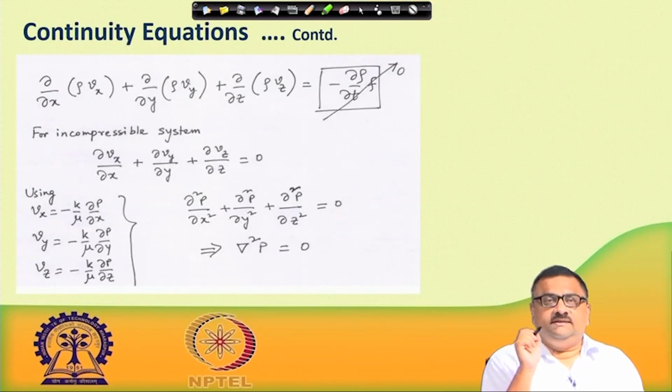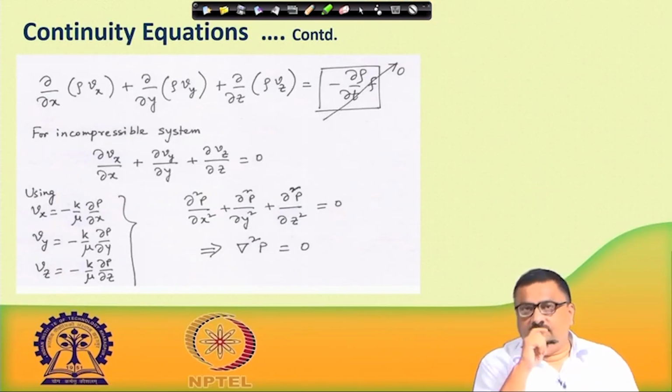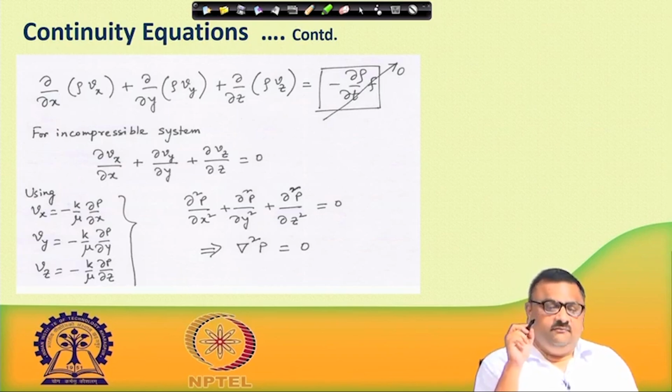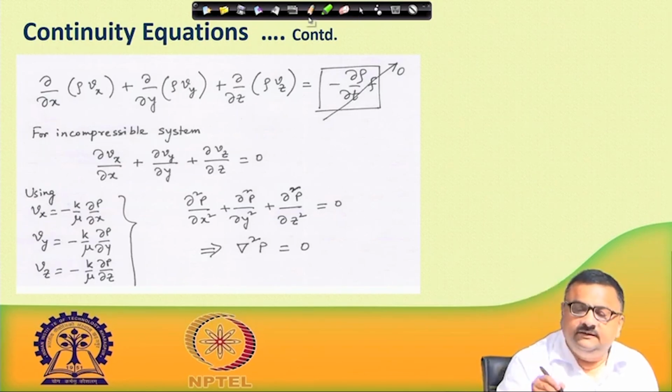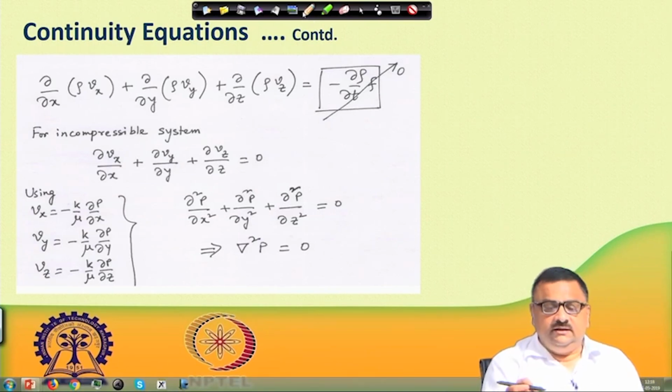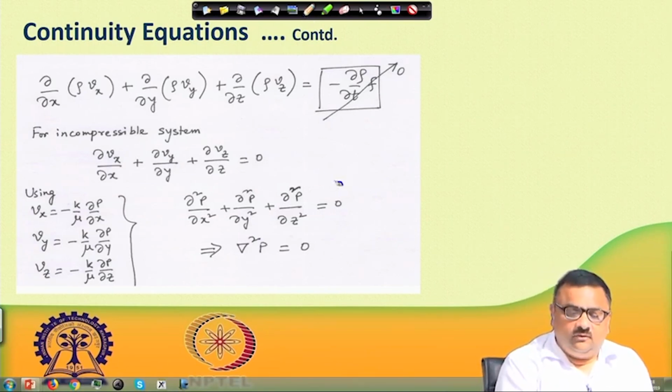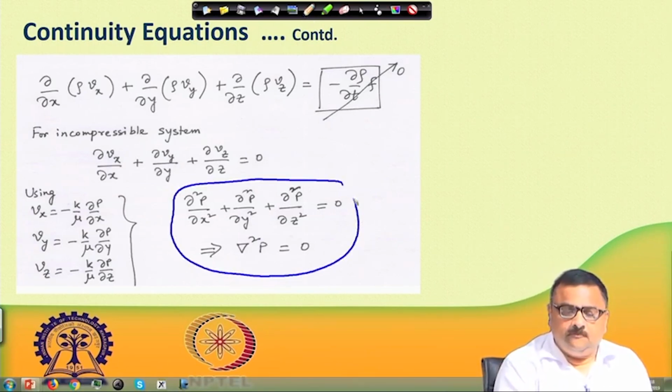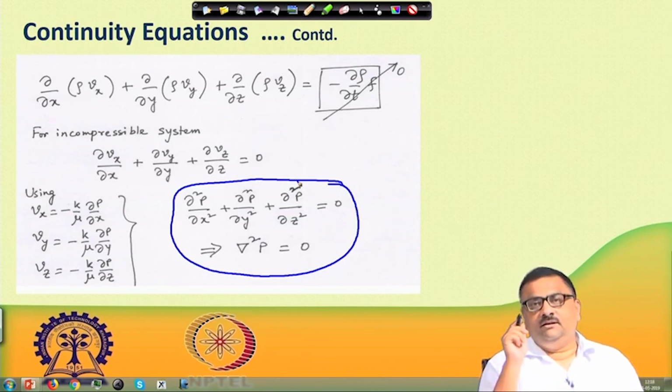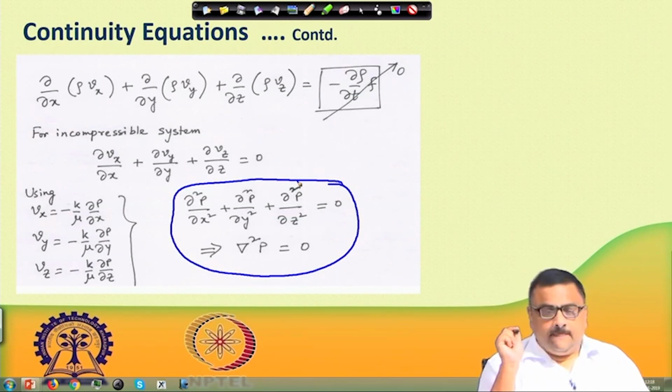So, now this is the continuity equation that we were working with in the last lecture, and we have seen that this equation is leading to the form here: grad square p is equal to 0. Now, this is all in the Cartesian system, right.